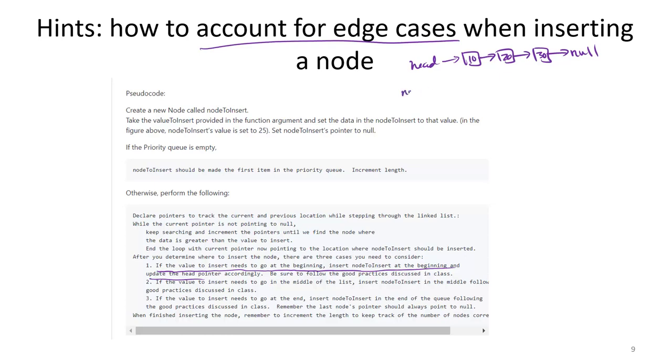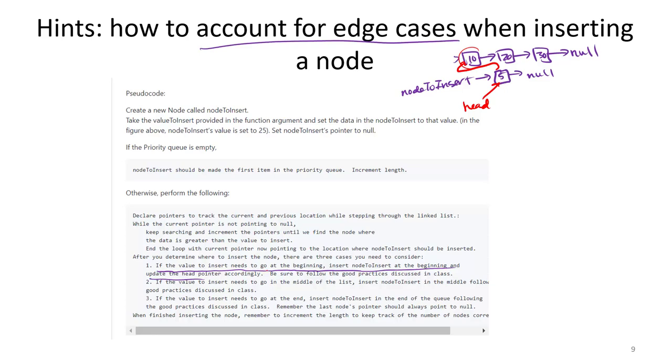Notice, for example, if we had the value 5, we would actually need to attach 5 to the very first node 10 and then make head point at our node containing 5.